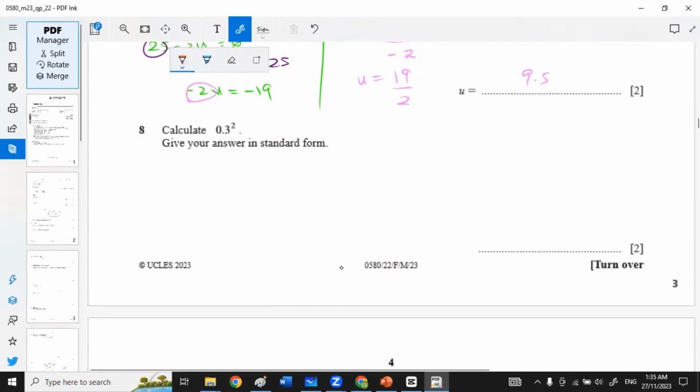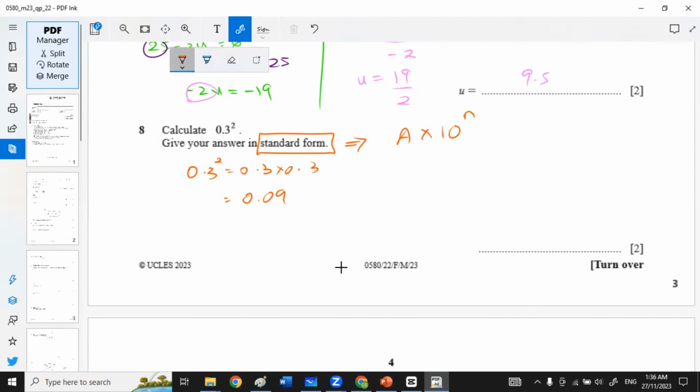Next, number 8. Calculate 0.3 squared. So 0.3 squared basically is equal to 0.3 times 0.3. You can use calculator if you want. You get 0.09. And the question asks for standard form. Standard form basically is in the form of a times 10 to the power of n. The a needs to be between 1 and 10.